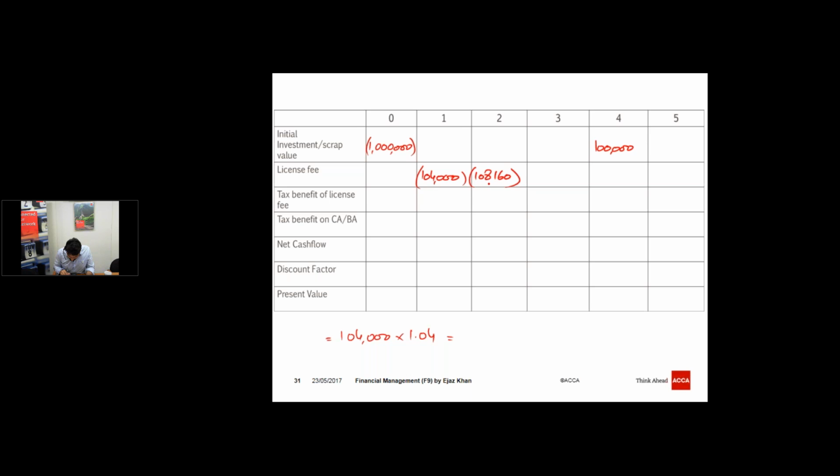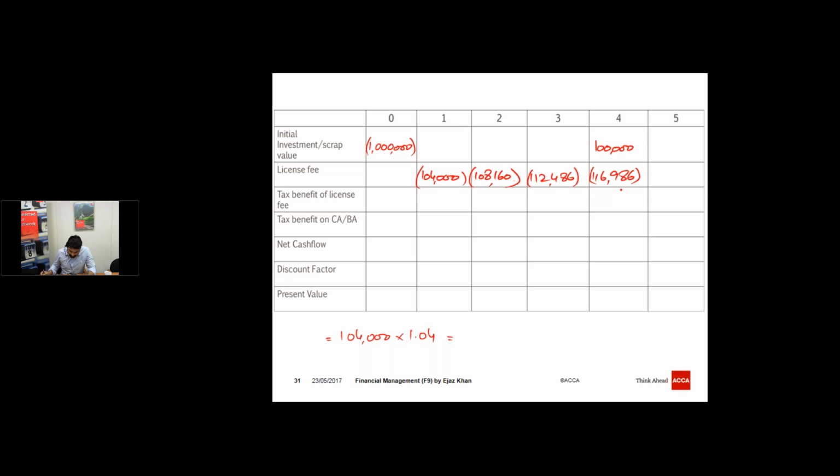Okay, increase it by a further 4%. 112,486. Okay, thank you. For year 4, 116,986. Okay, thank you. So these will be the payments that we'll be making against the license fee.